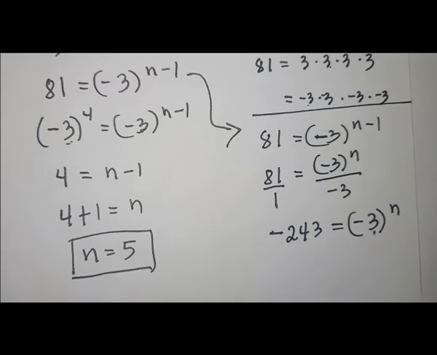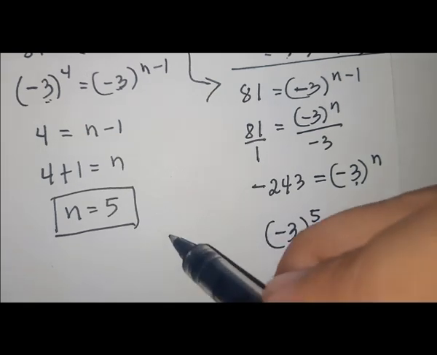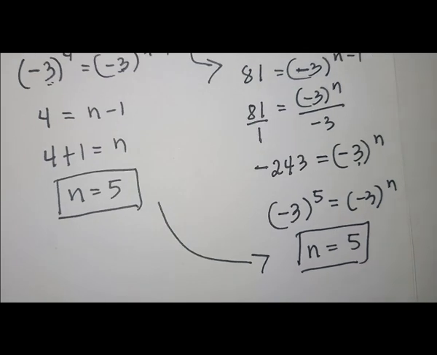So, ano ba yon? Yung negative 243, okay po, is negative 3 raised to 5 equals negative 3 raised to n. Therefore, the value of n here is also 5. Parehas pa rin sila. Okay, kung saan yung method na mas nadadalian kayo, pwede niyong gamitin.